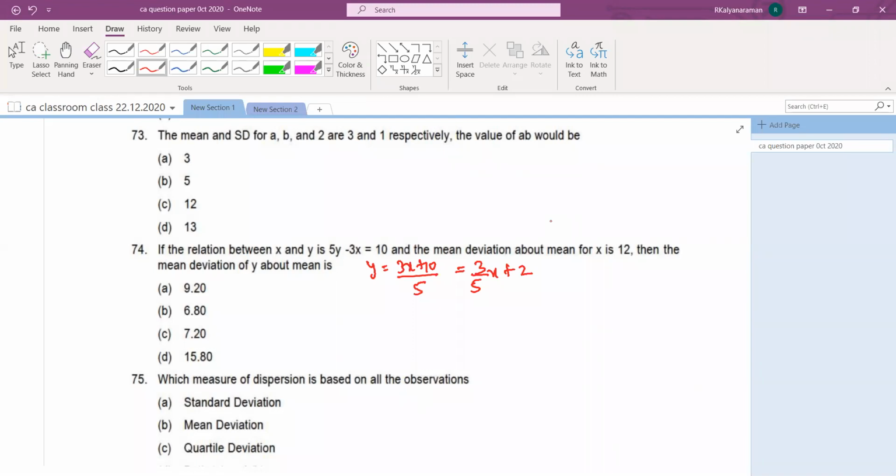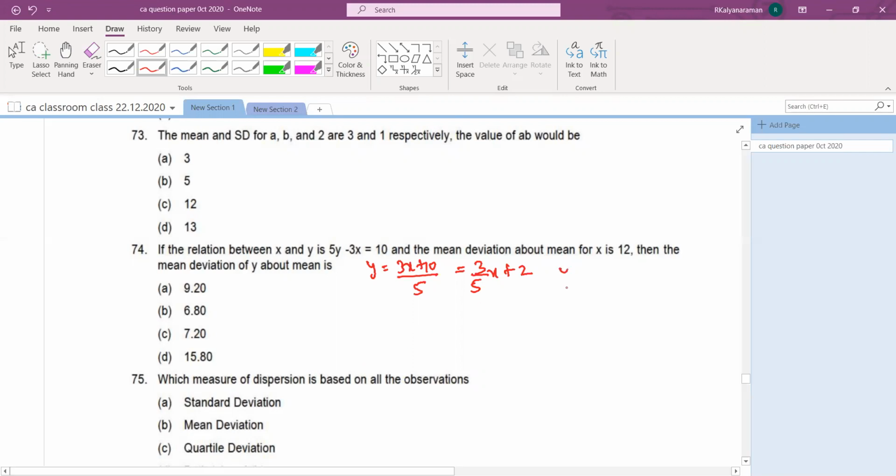We have a formula for the linear relation between mean deviation about the mean. Okay, this is the formula.